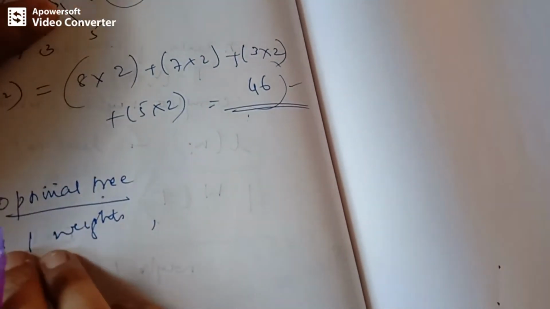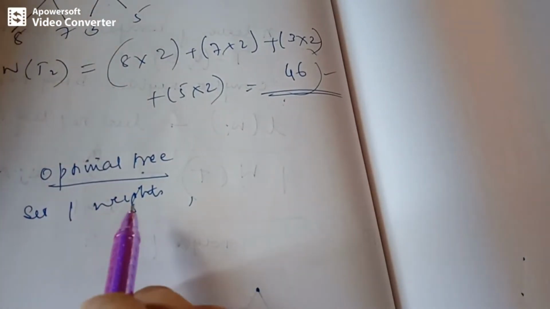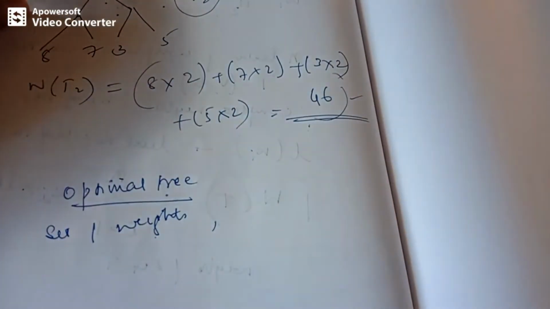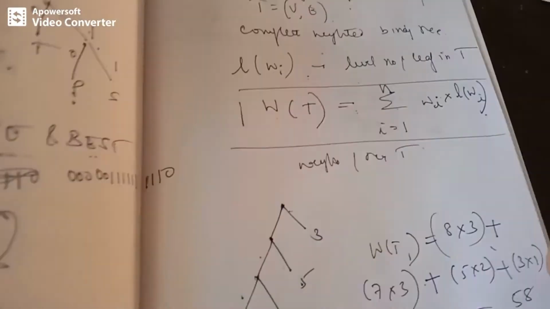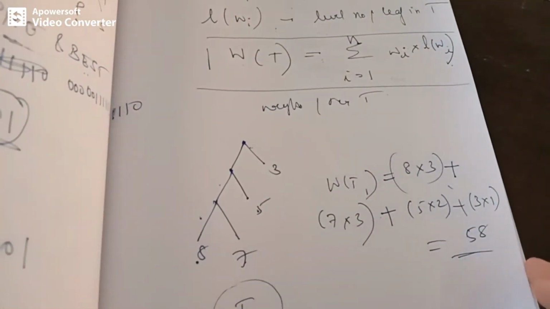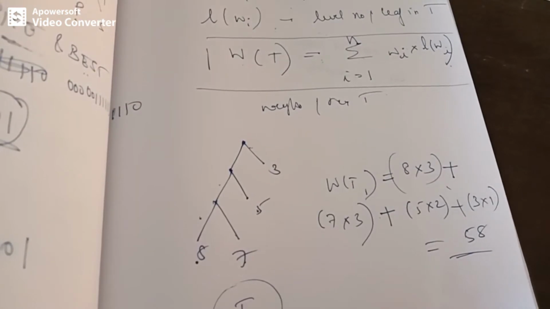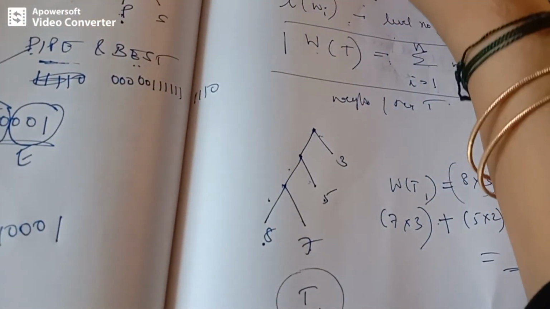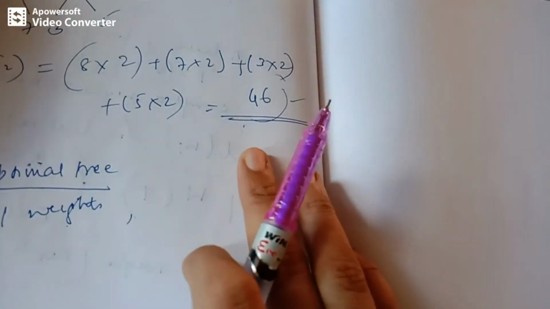Okay, so let me give the definition once again. Given the set of weights, let's say we consider the set of all complete binary trees like this, wherein the weights are assigned to the leaves, and a tree in this set which carries the minimum weight is called an optimal tree.